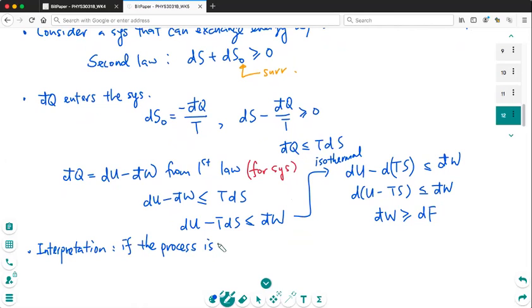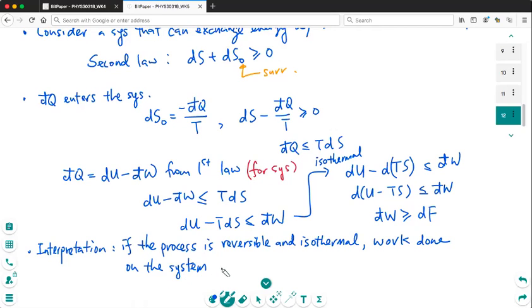If the process is reversible and isothermal, the work done on the system, now this is reversible and isothermal, I will have the equal sign, and this is equal to the increase in F.